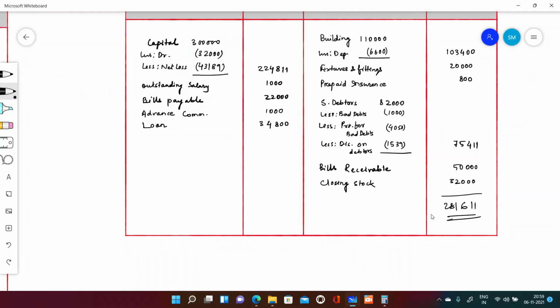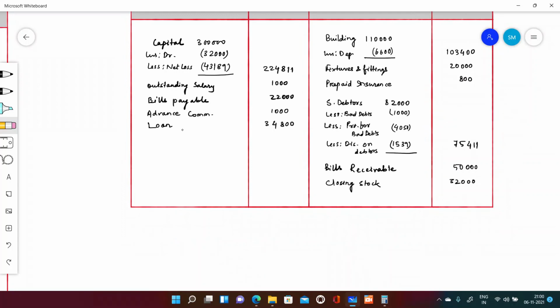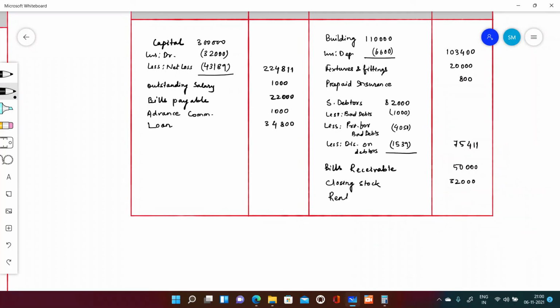Okay, we have left this rent receivable here. So I haven't included rent receivable, so I will write it here. So your rent receivable is how much in adjustment you have done, that is your 2000 rupees.